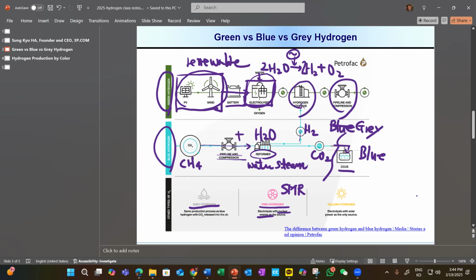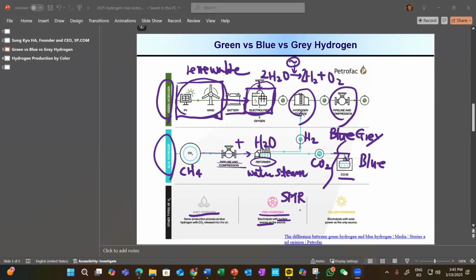Well, don't get confused. SMR is a small modular reactor.